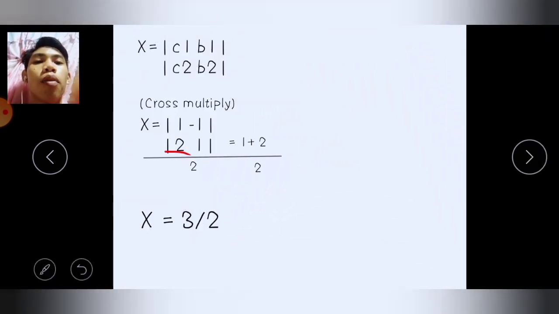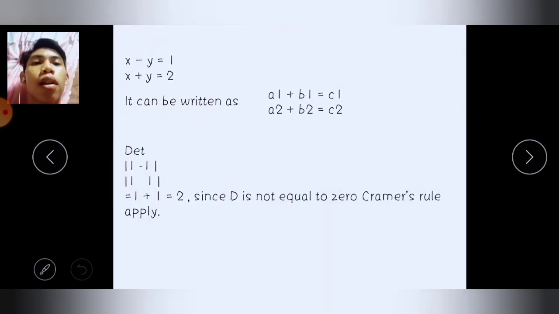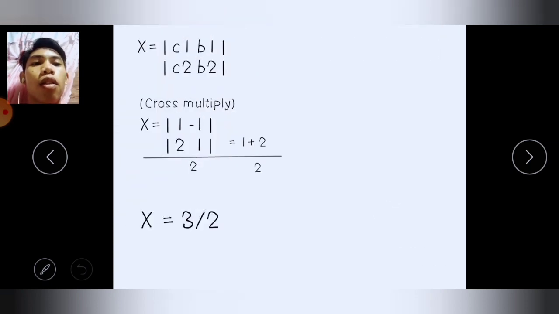Then b1 is negative 1 and b2 is 1. So just cross multiply. Then 1 times 1 is equal to 1. Then negative 1 times 2 is equal to negative 2. But negative times negative is equal to positive. So the final answer for x is 3 over 2.